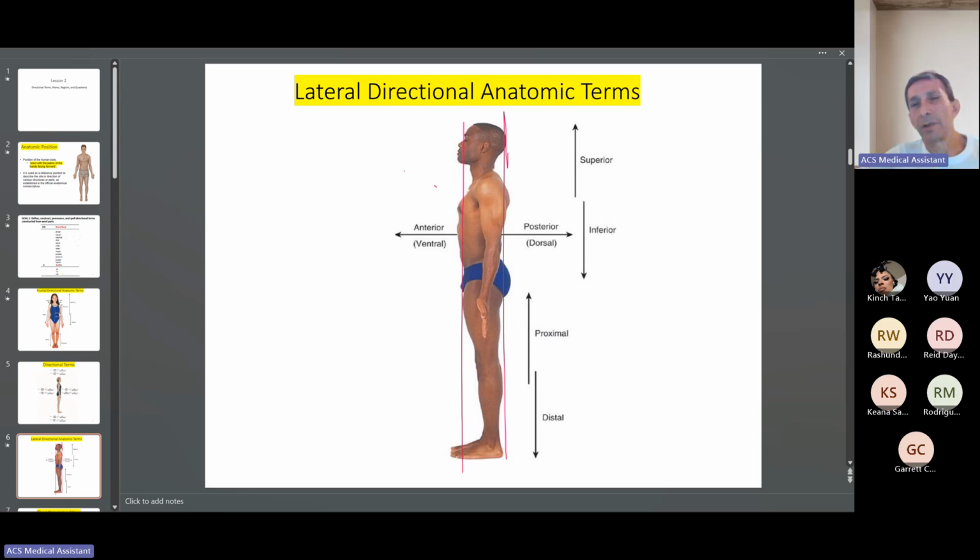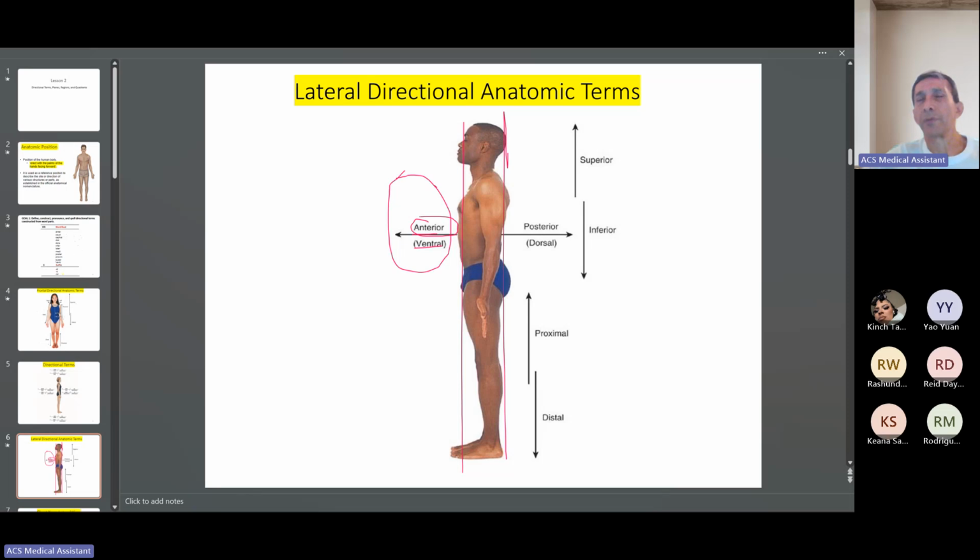Anterior or ventral, these are the two medical terms that we are using. Anterior means front, ventral means front: the front of something, in this case, the front of the human body. Same goes for the back: posterior or dorsal.